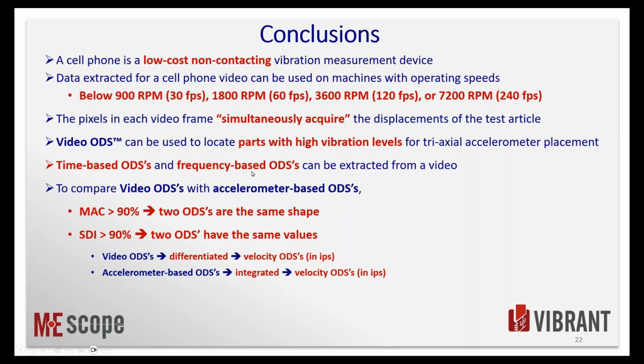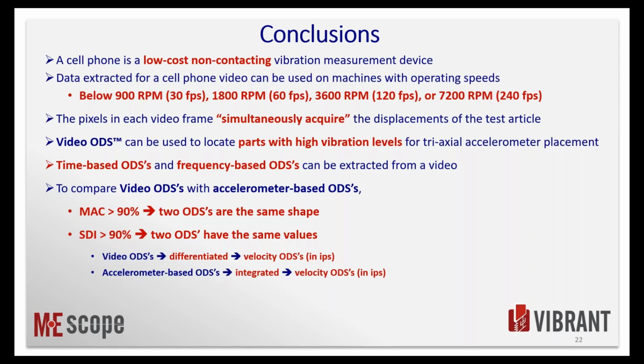We looked at time-based and frequency-based, and we looked at MAC and SDI as a numerical measure between two different shapes. And again, we differentiated from displacement to velocity. So we were looking at the shape values in velocity units.